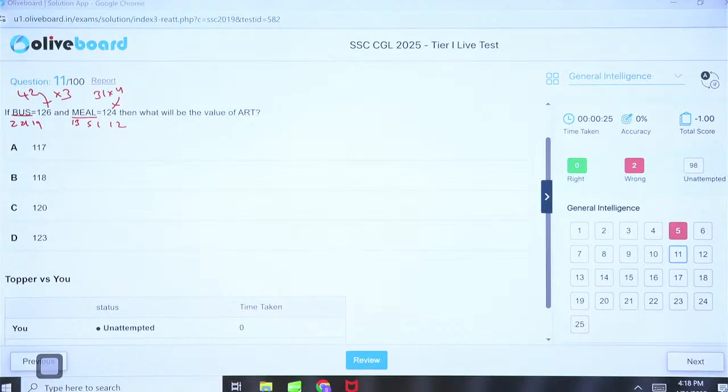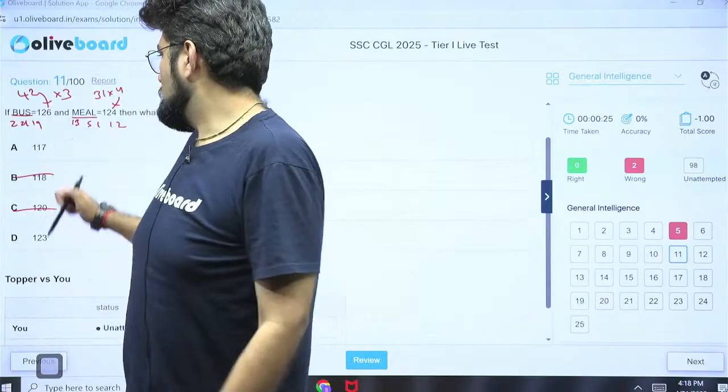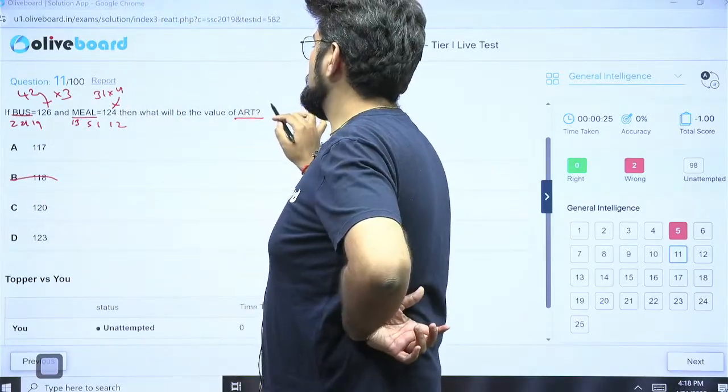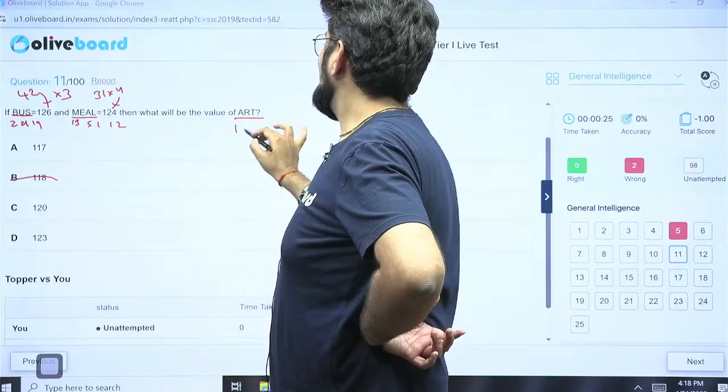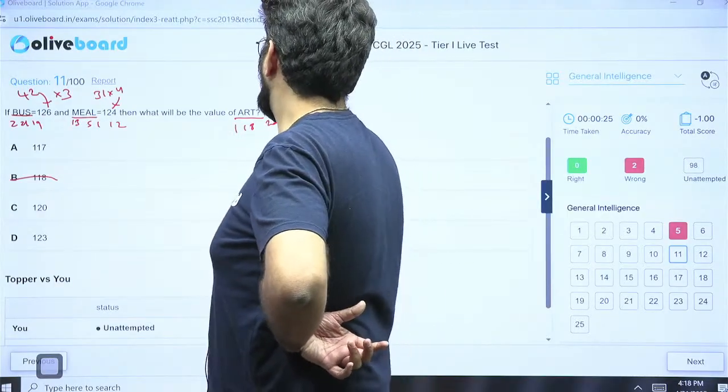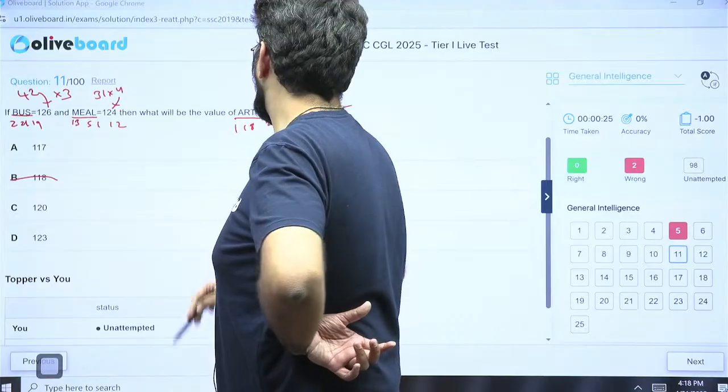Okay. So obviously it has to be divisible by 3 because it is being multiplied by 3. So this is as it is eliminated. These two can never be the answer. Oh sorry, 118 is as it is eliminated. Anyways, let's check this out. So we have 1, 18 and 20. So 19 and 20 is 39 and 39 into 3 will give us 117.